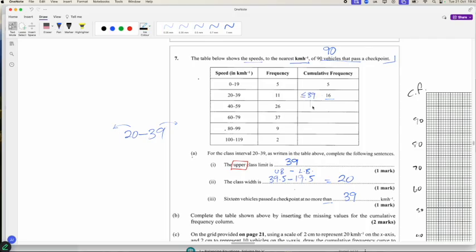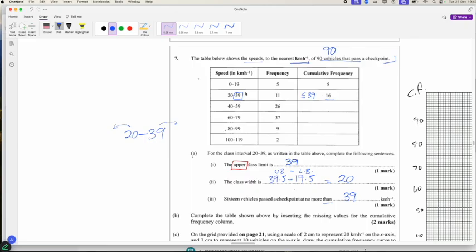Right, so that is why I didn't use 39.5. You understand? No, because 39.5 will be too much of the kilometers. The upper limit here is 39.